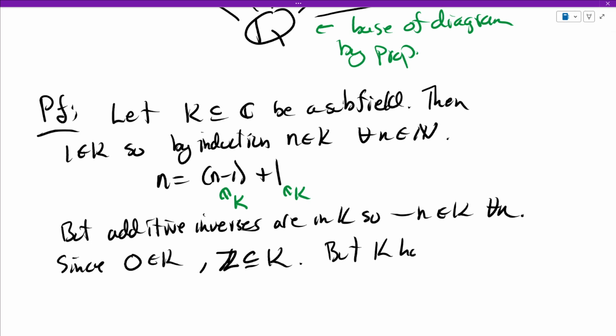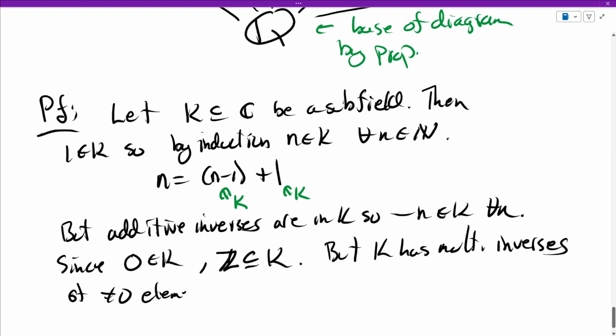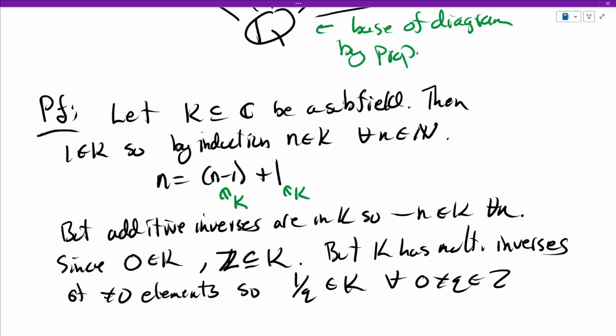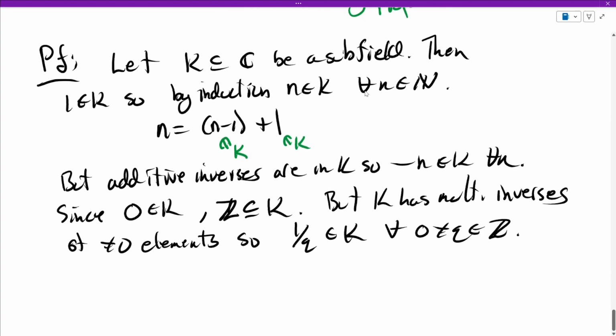All right, but K also has multiplicative inverses of non-zero elements. So 1 over q is in K for all 0 not equal to q in Z. Great, so it has all reciprocals, but it's a field, so it's closed under multiplication.